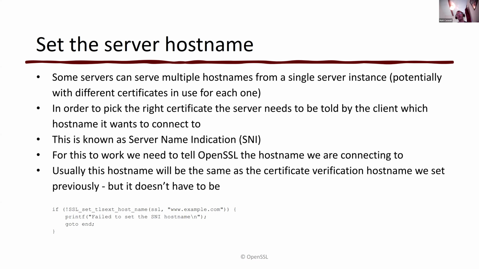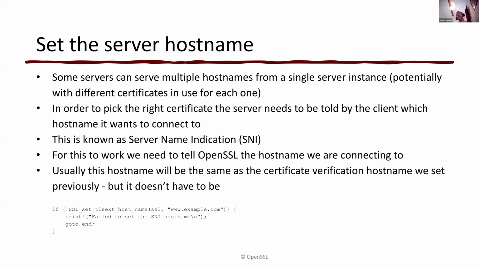OpenSSL does all of that for you, but you do need to tell OpenSSL that host name, the SNI host name. In most cases, this is going to be exactly the same host name that we just set for certificate verification, but it doesn't have to be. There are some corner cases where this is different, which is why we have to set it twice.